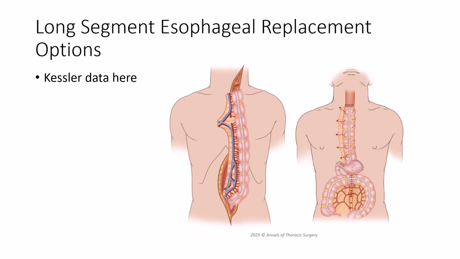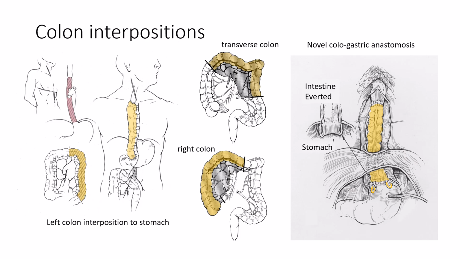We can also perform long segment esophageal replacement options with supercharged colon. Ken Kessler and his team from Indianapolis have more experience with this, and I would refer to their publications for this type of guidance.